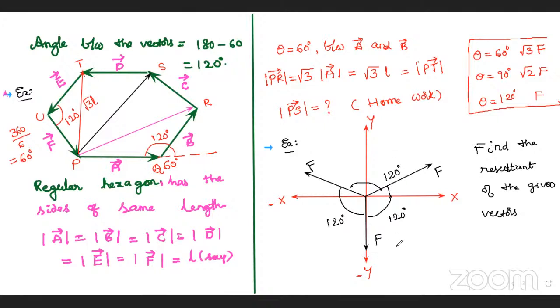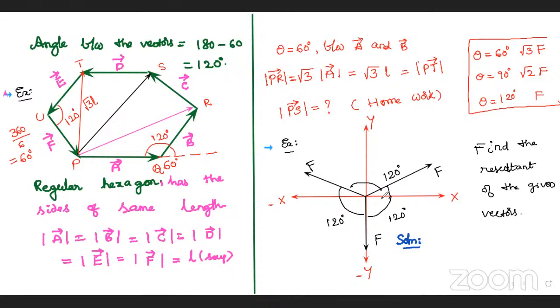The third F is exactly along the negative y-axis. So, of course, we can do it in different ways, and the most appropriate one, which you can understand very easily, is resolving a vector into two components.